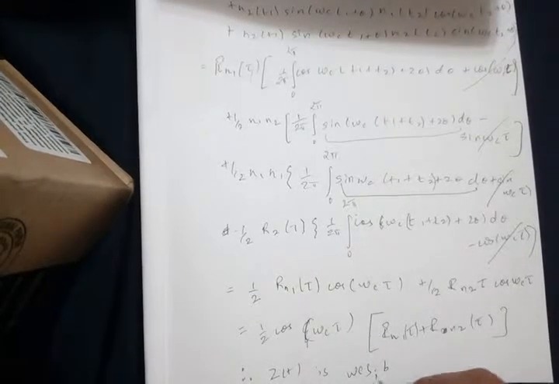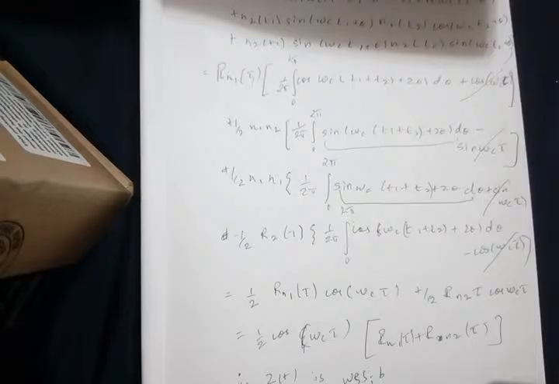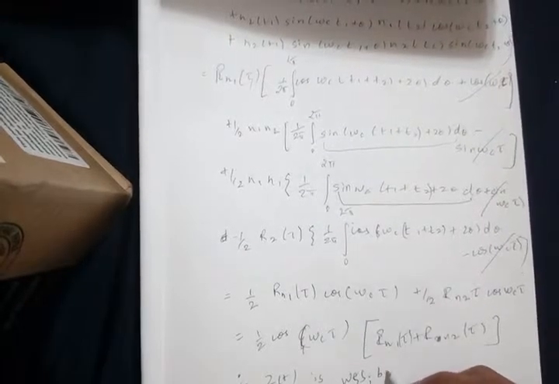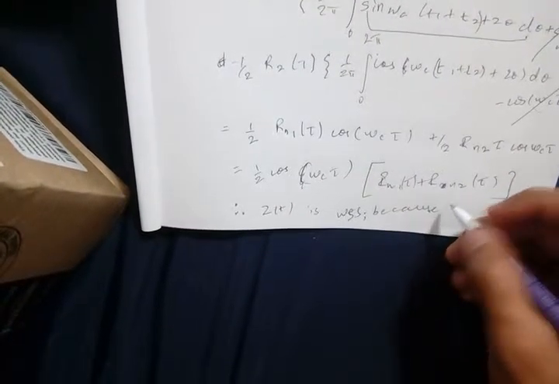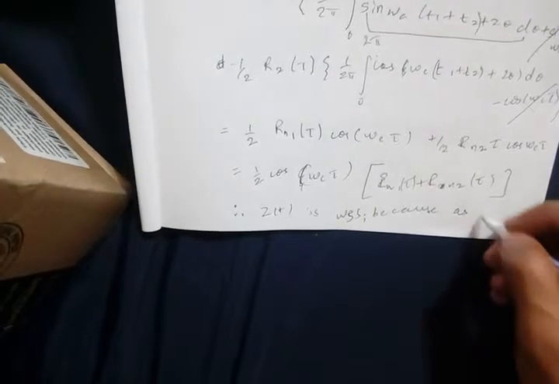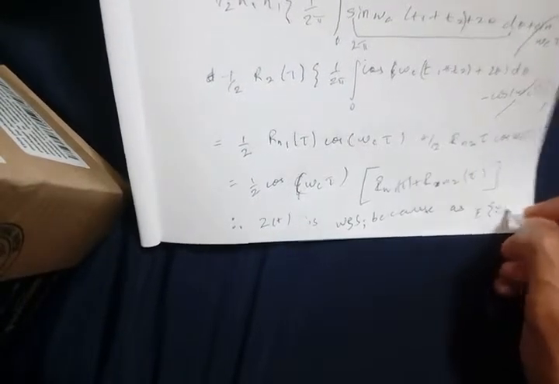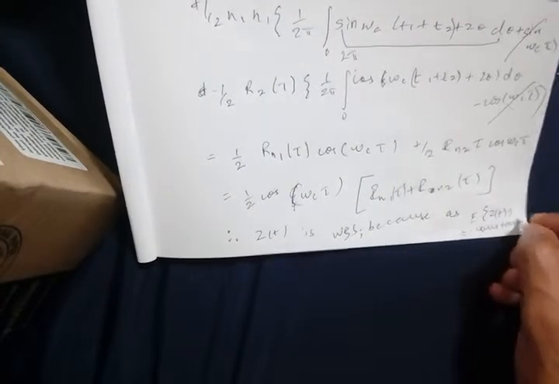So we can say that z of t is wide sense stationary, as its expected value is some constant.